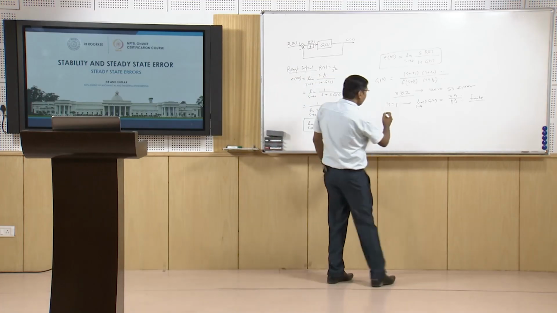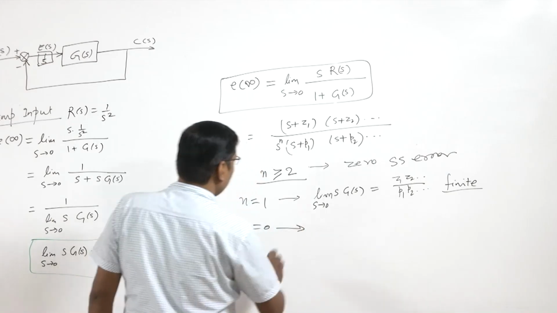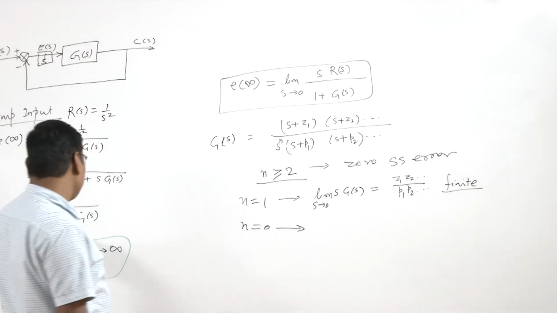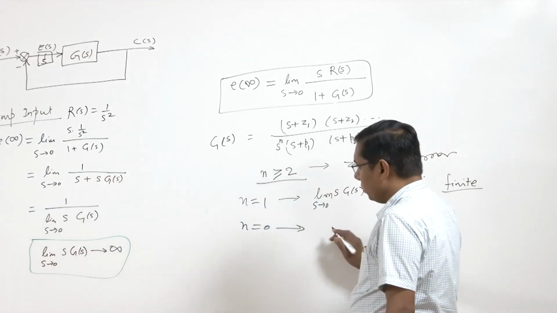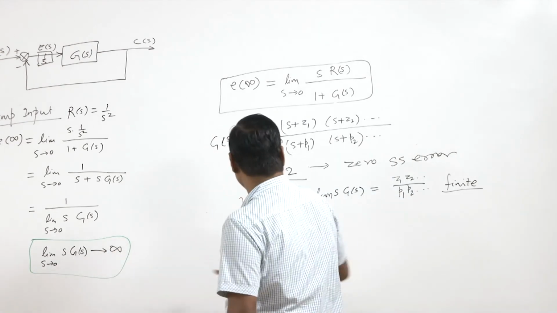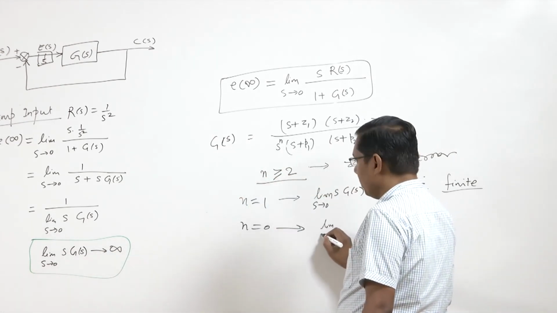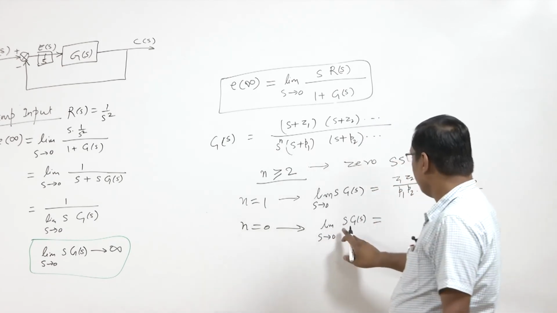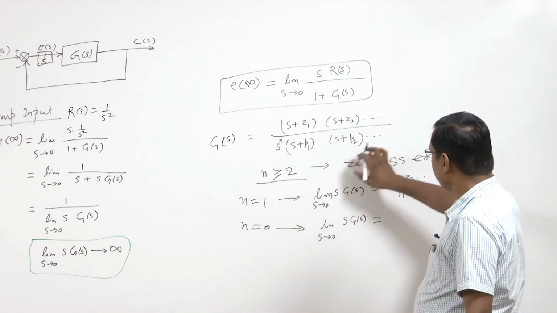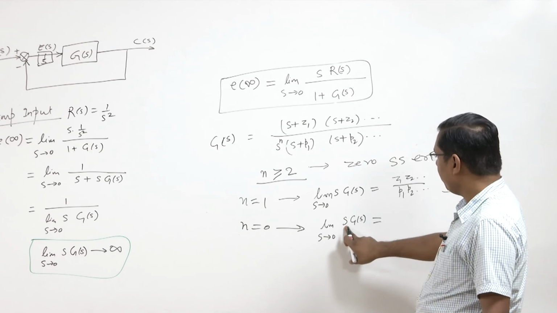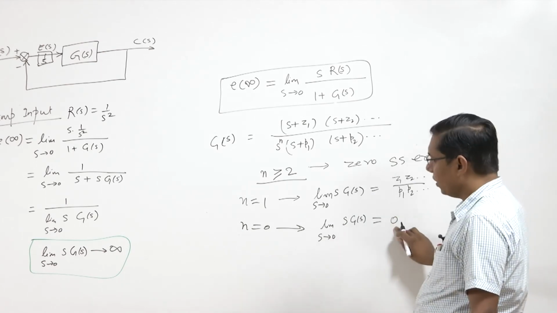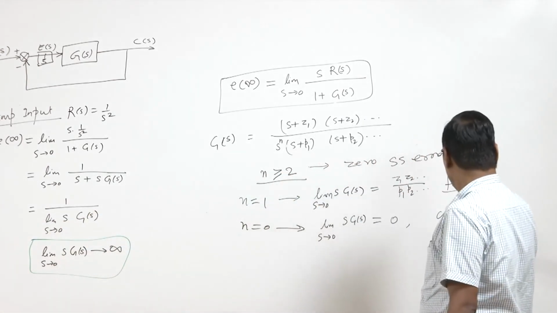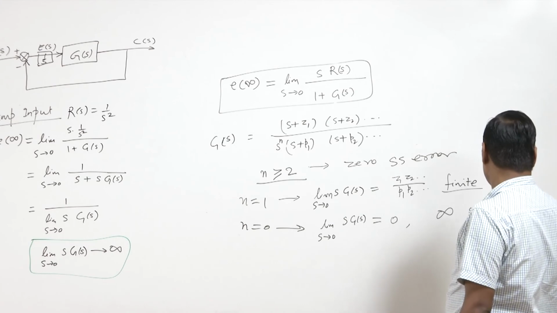And if n equals 0, we get limit s tends to 0 of s times G(s), and n equals 0 means here is only this term multiplied by s, so this will be 0, and when we put this as 0 we will get infinite. So here we get infinite steady state error.